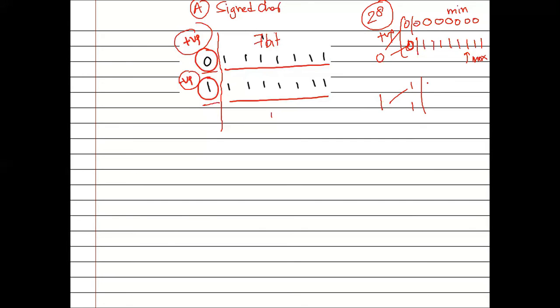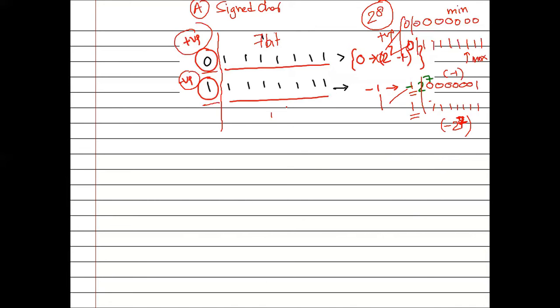Okay, for that the minimum limit would be this, 1 2 3 4 5 6 7, this would be -1, and the maximum limit would be minus 2 to the power 8, because it is fixed. Okay, sorry, this would be 7 instead of 8. Okay, so this is about the signed bit.